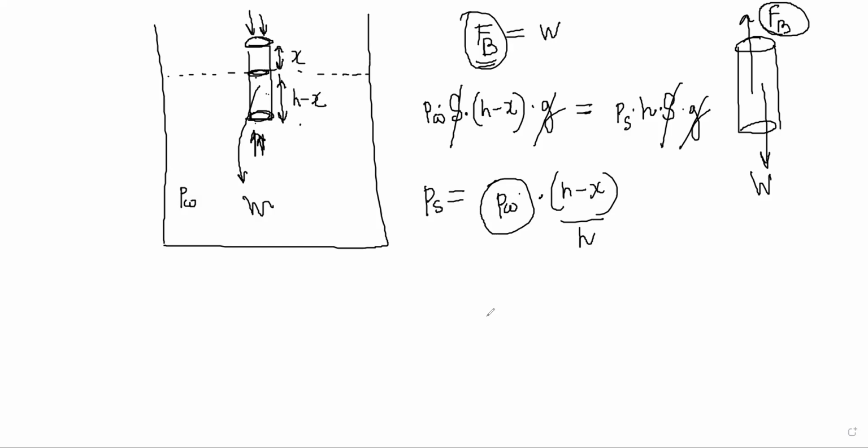That's why it is floating. So it is rho W into 1 minus X by H, the density of the solid. You will be able to measure things like this because of Archimedes principle.